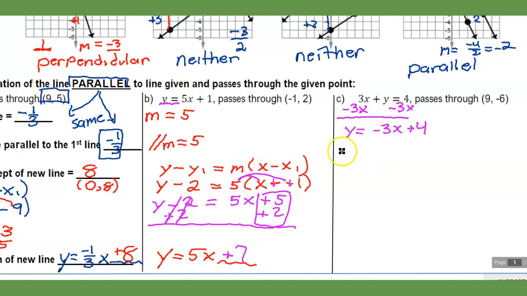And now we can say the slope is negative 3. Parallel slope is also negative 3. Then use the point slope formula. Y will equal negative 3x. Just need that y-intercept.